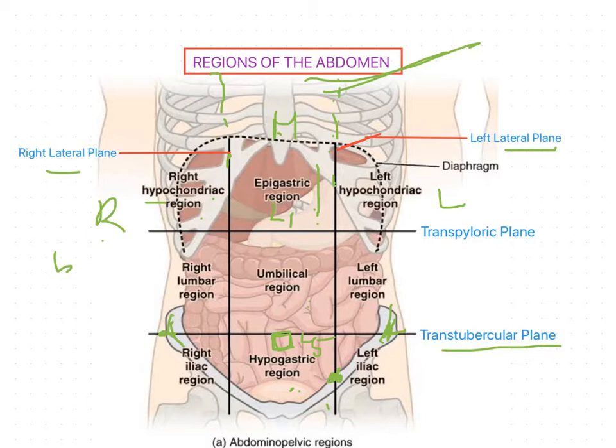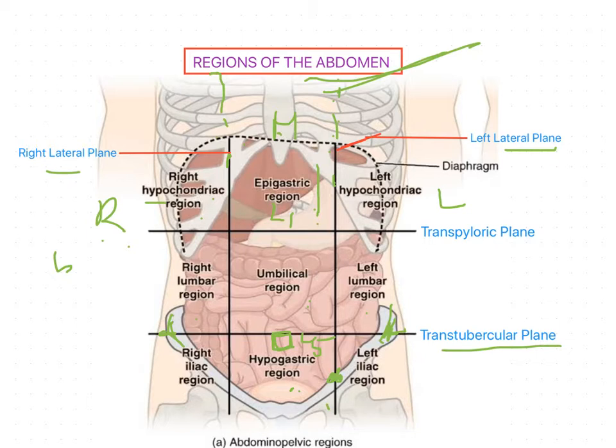The area below the costal cartilages on the right side is called the right hypochondriac region. In the same way, on the left side it is the left hypochondriac region. The next region is the lumbar region. On either side of the lumbar vertebrae you will find two regions, the right lumbar region and the left lumbar region.